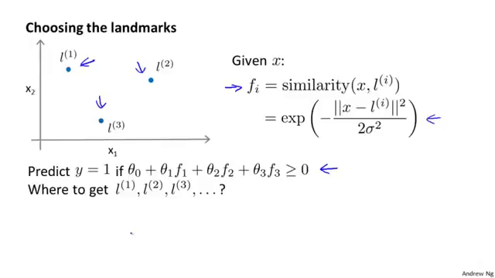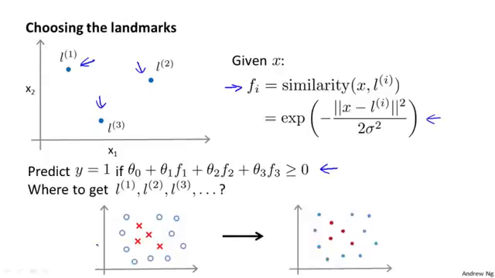So in practice, this is how the landmarks are chosen. Given a machine learning problem, we have some data set of some positive and negative examples. Here's the idea: for every training example that we have, we're just going to put landmarks at exactly the same locations as the training examples.